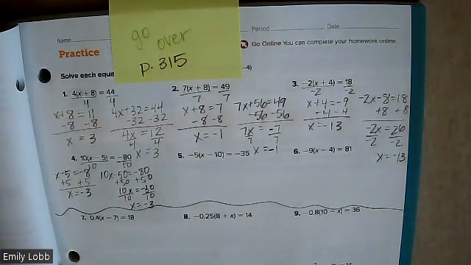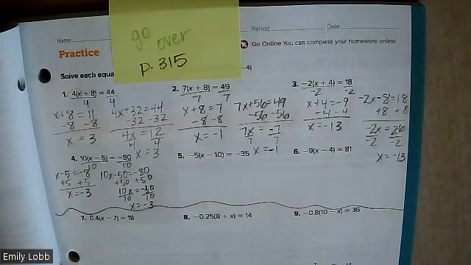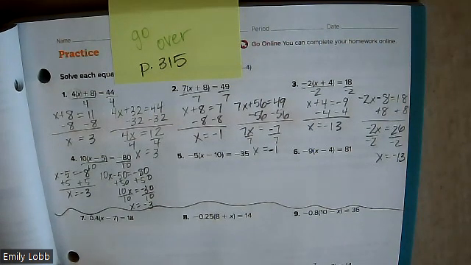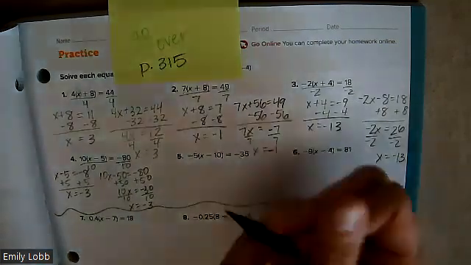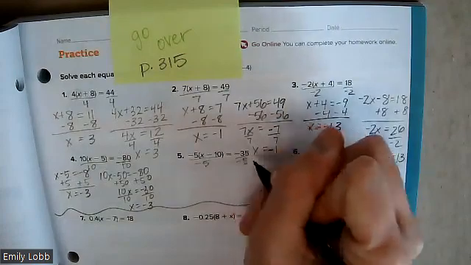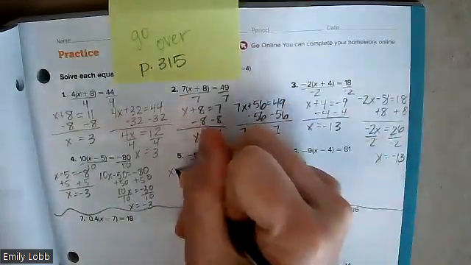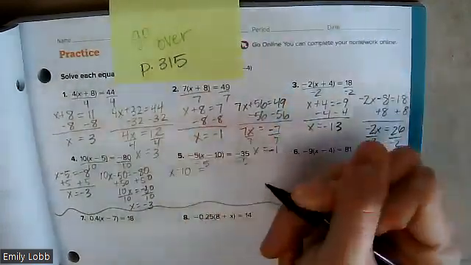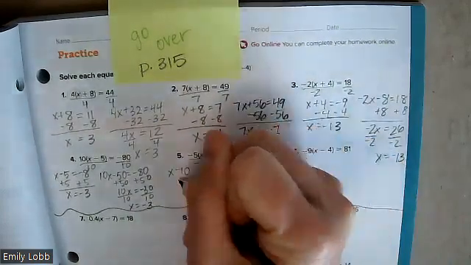Now I understand I'm going pretty quickly because these are ones you should have been doing already, right? So hopefully you're on page 315 with us going over your hard work from yesterday. So divide both sides by -5. x minus 10 is equal to 7.